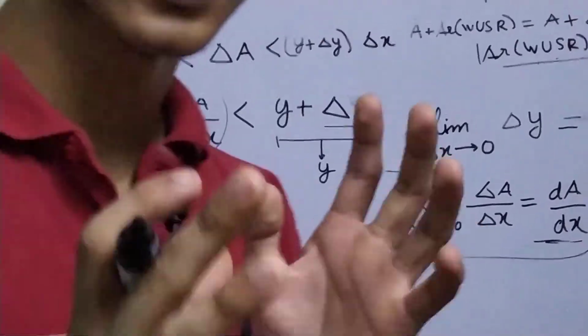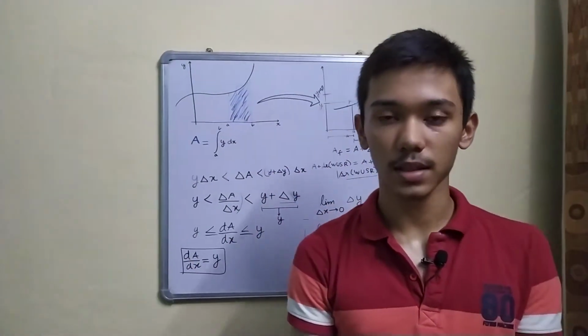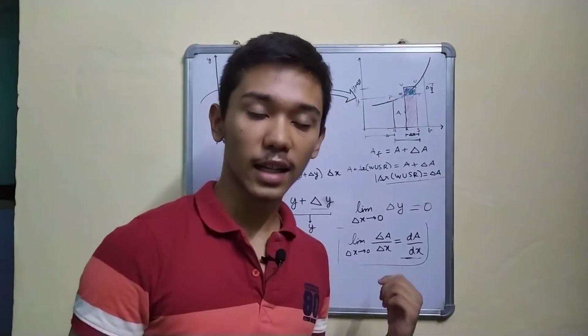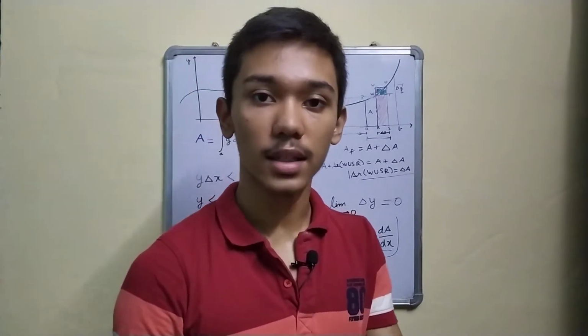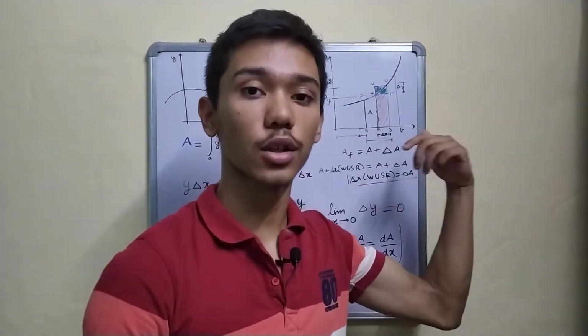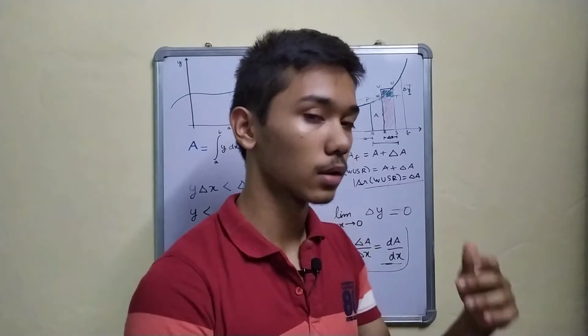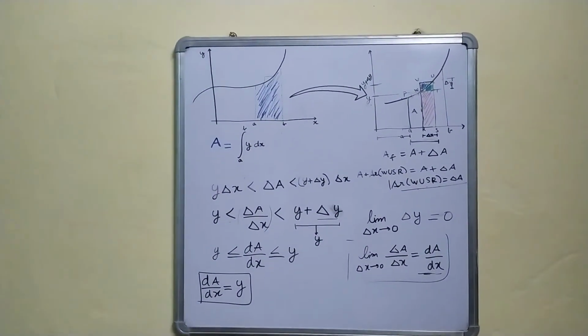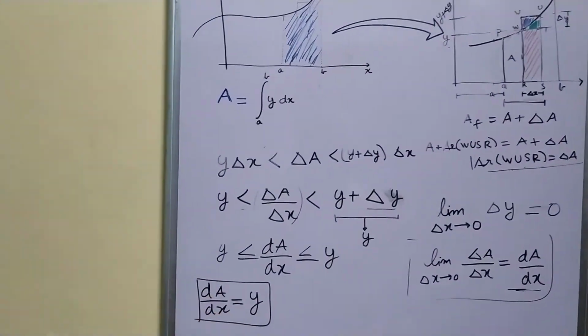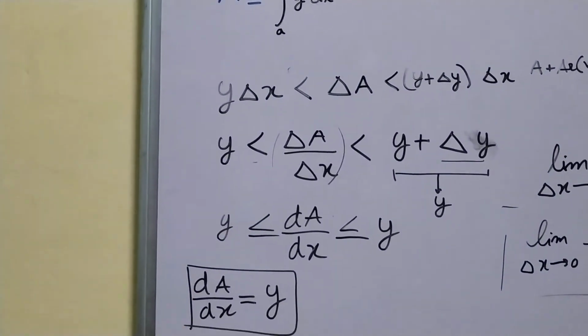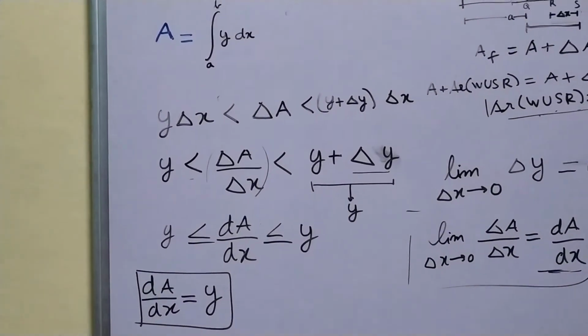Now what does this mean? This means how your area changes with respect to x is your function of x that you originally took, in this case y. So dA by dx is y, and now we integrate with respect to x on both sides.